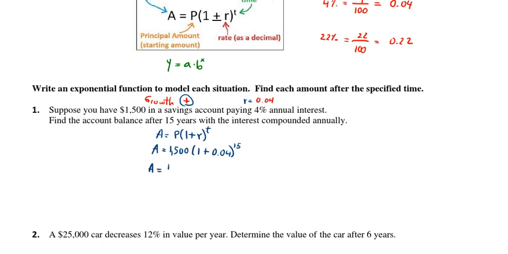So just doing that, we have 1,500 multiplied by 1.04. That is adding this raised to the 15 power. Now I'm going to take this and raise to the 15 power. 1.04 raised to the 15 power.